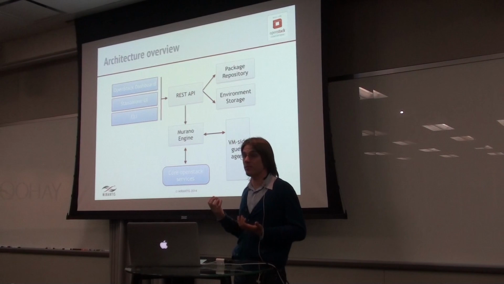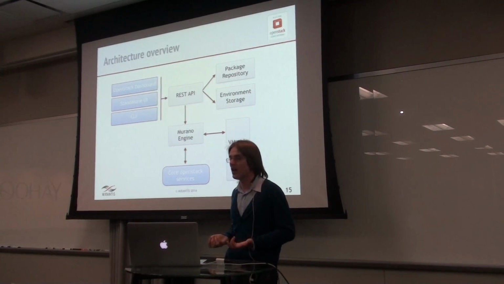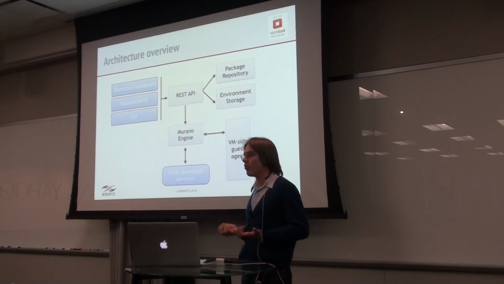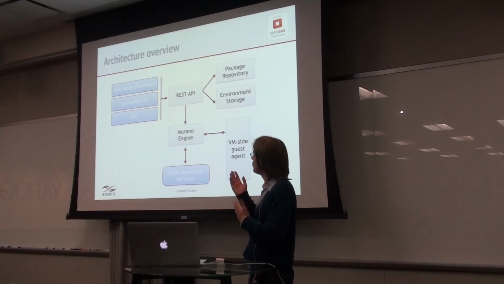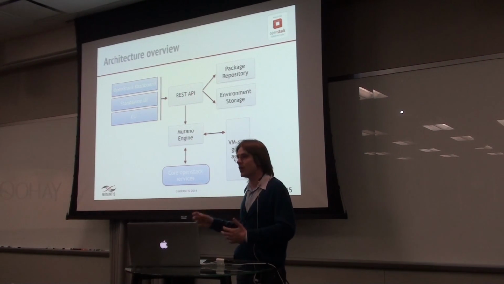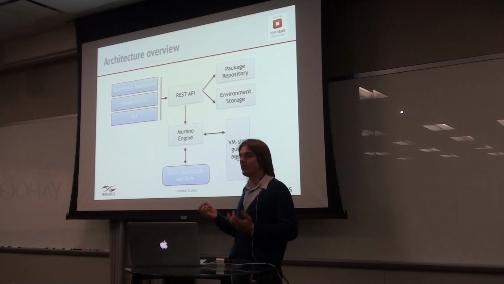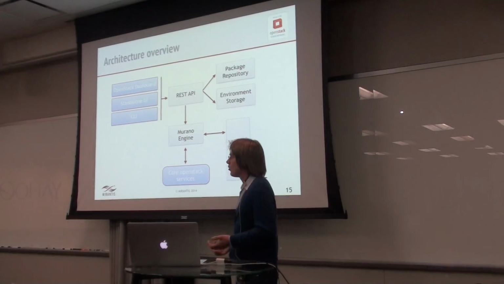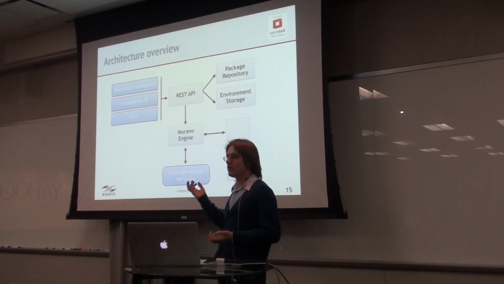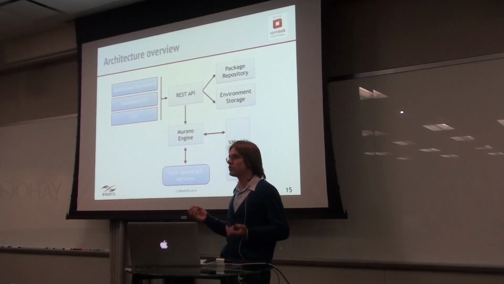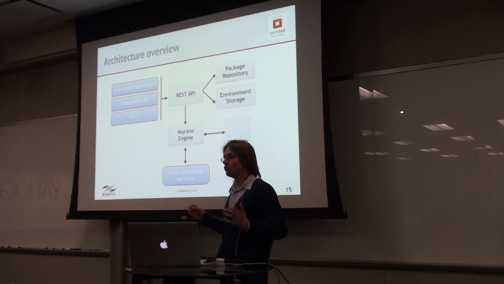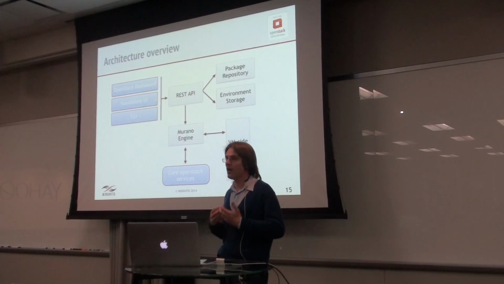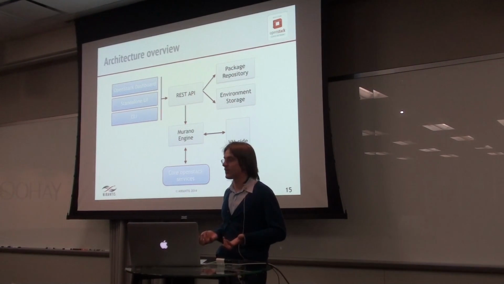But this plugin is not a mandatory requirement. Any other software component may use our Python bindings to communicate with Murano and to deploy environments or whatever they want. So it's possible to imagine a standalone user interface created by some enterprises to have access to Murano without exposing the cloud infrastructure of OpenStack itself.